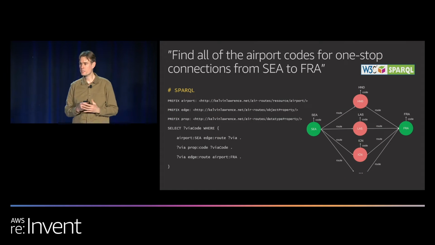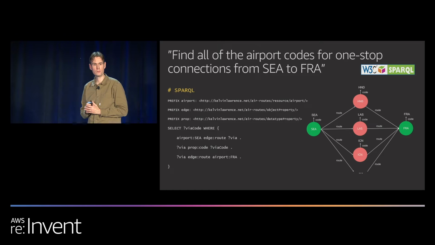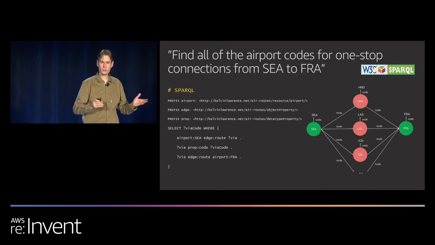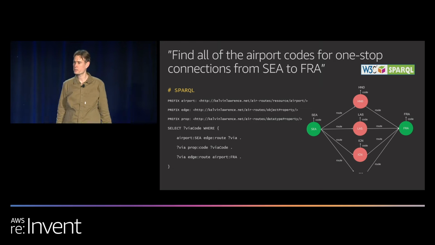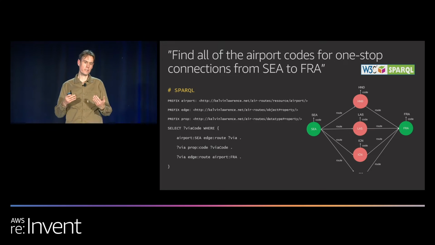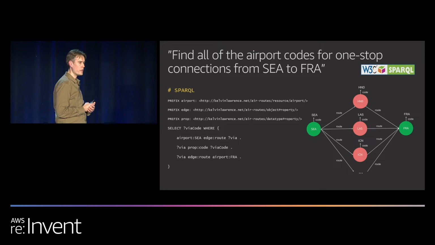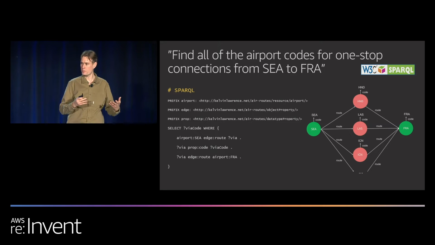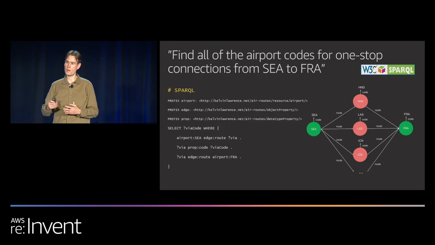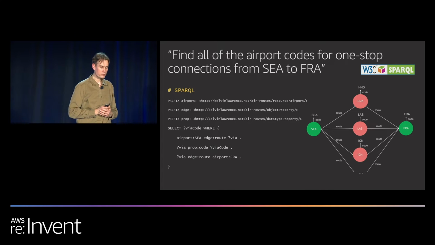Now, let's look at the same question, but in SPARQL. Immediately, you'll notice these things that look like URLs across the top. These are actually called internationalized resource identifiers, or IRIs. They're part of the RDF data model that's really focused on interoperability and being able to describe resources across the web.